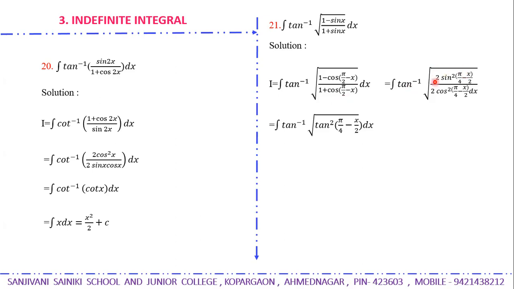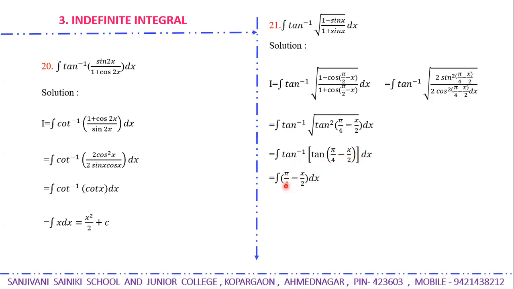So we get 2 to cancel and then sin square upon cos square is tan square pi by 4 minus x by 2. After taking the root out, the root and the square will cancel each other, you get tan inverse of tan pi by 4 minus x by 2. So again use the property tan inverse of tan x is x only. So I get pi by 4 minus x by 2.